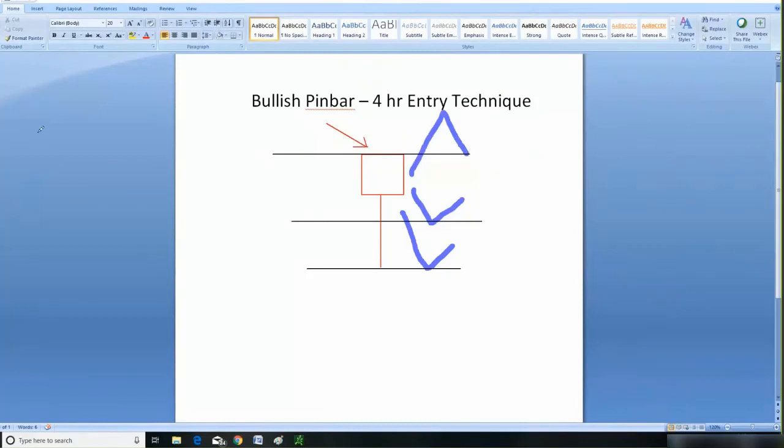So to recap this video lesson, the 3 entries that I'm looking for on a bullish pin bar are a pullback to this bottom, which would produce a double bottom on the 4-hour. Some traders would enter the double bottom down here.